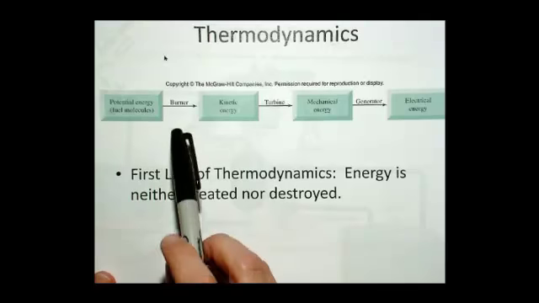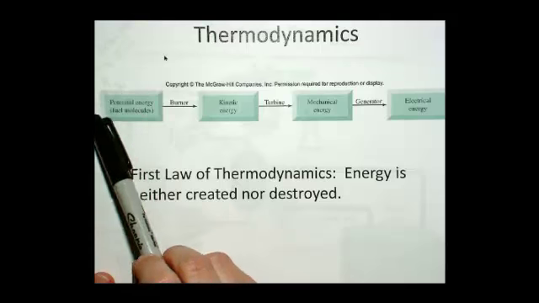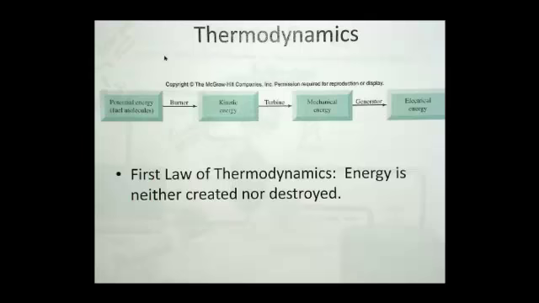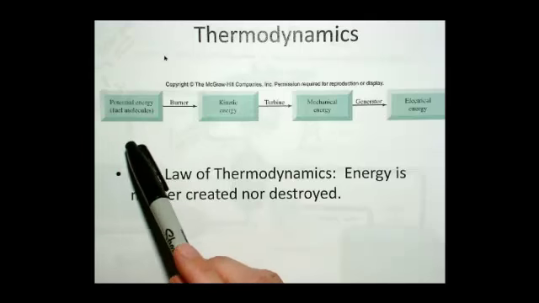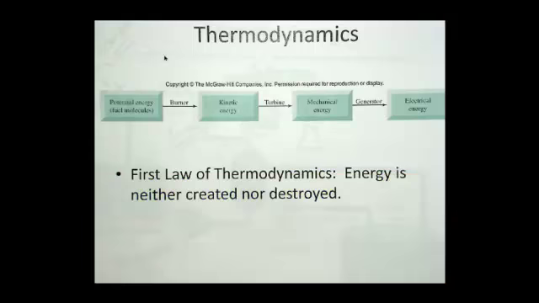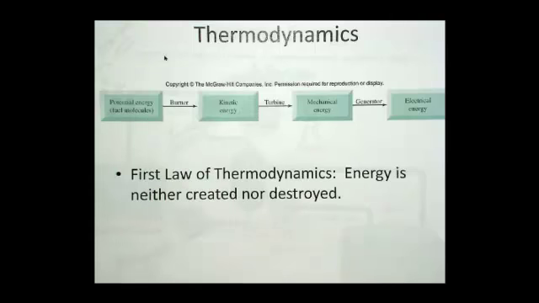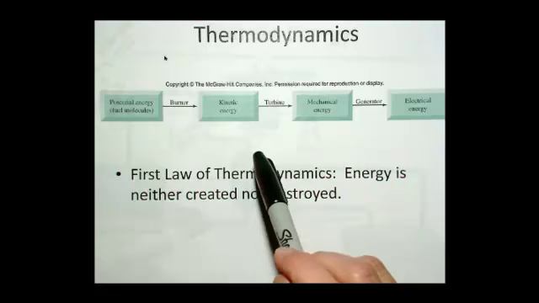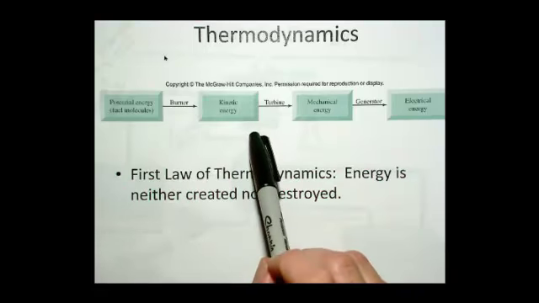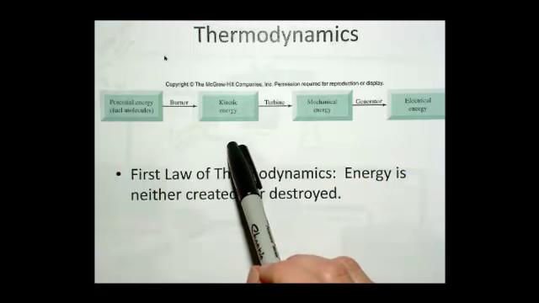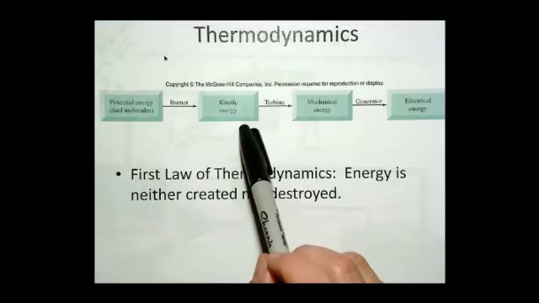So if you start off with all of this potential energy that we have in the fuel molecules, in what they call the fuel reserves underground, potential energy that took years and years to accumulate, and then you very quickly burn it in the burner, that potential energy is converted to kinetic energy. The kinetic energy is the movement of the water molecules as they move from the liquid to the gas.